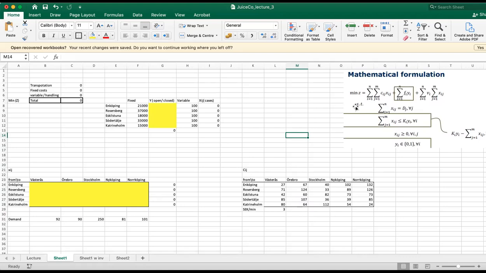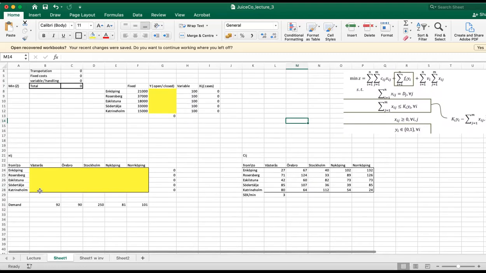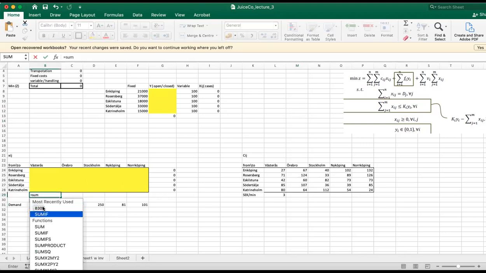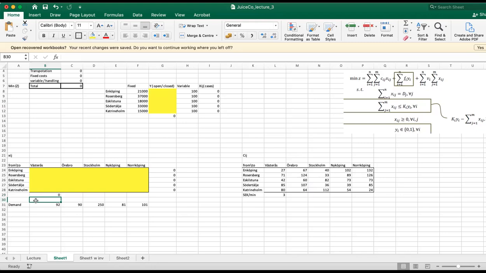So why don't we now put the subject to demand constraint? Now the demand constraint in the regions: the algorithm will send some demand here, and it should be equal to that. So the sum of everything going to Västerås, which is our demand region, should be equal.